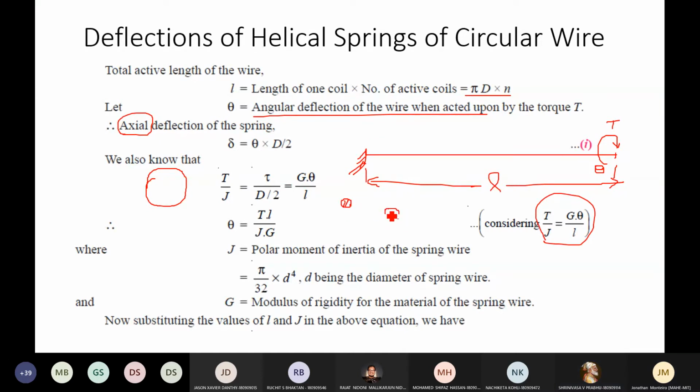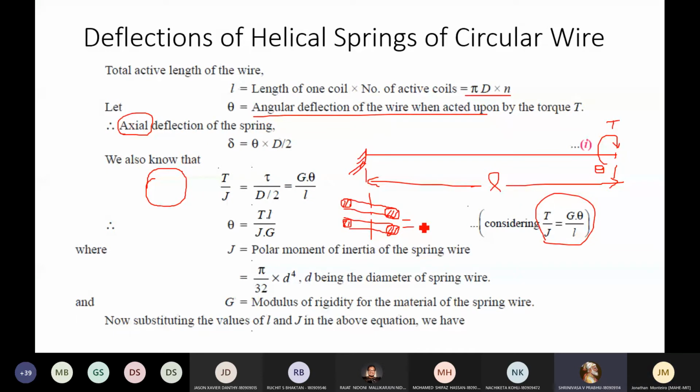Yeah, and axially below, you draw another portion. Now, sir, the axial distance between those two, right? So the slant portion is one coil, right, sir?